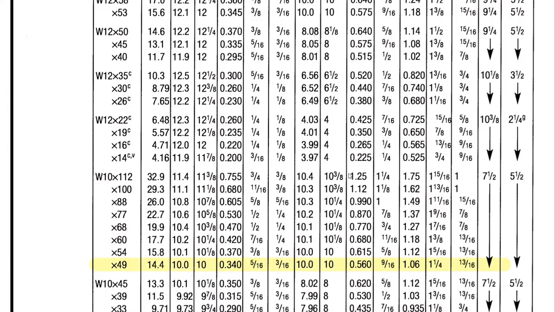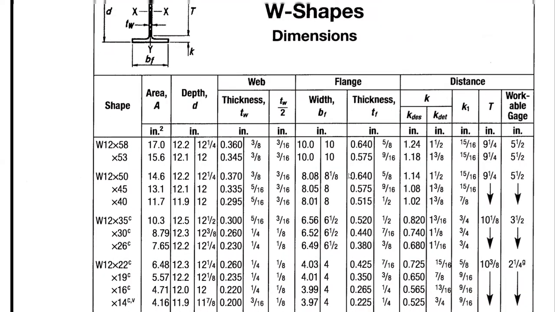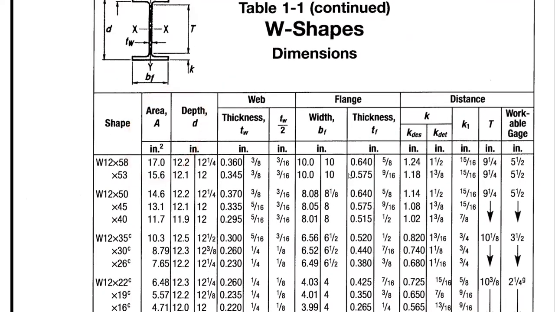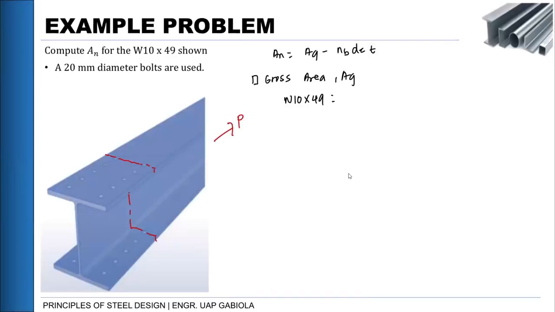No? And then, makikita nyo, 14.4 yung kanyang area, yung AG niya. So, yan yung gagamitin natin, 14.4. So, going back dito, we have 14.4, yung AG niya, inches squared. So, convert lang natin sa mm. Again, ang gagamitin natin na conversion for simplicity is 25 mm lang ang 1 inch.